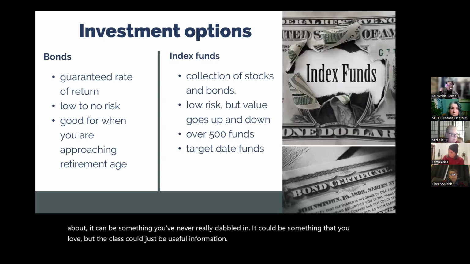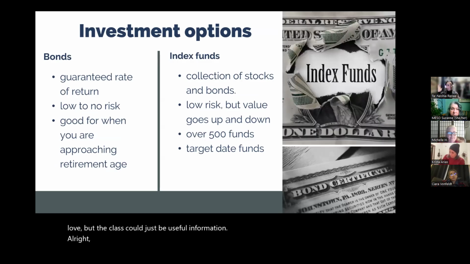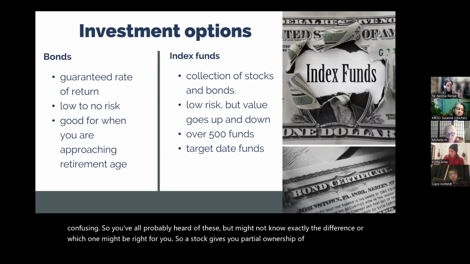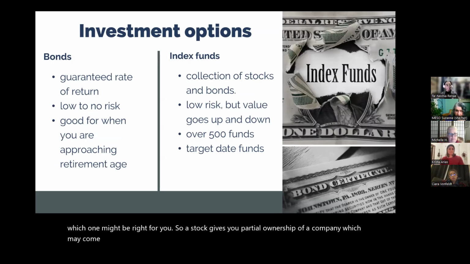All right, so investment options: stocks, bonds, and index funds. I know that even that can be very confusing. So you've all probably heard of these, but might not know exactly the difference or which one might be right for you. So a stock gives you partial ownership of a company, which may come with voting rights and/or dividends. There are no guarantees of returns, right?